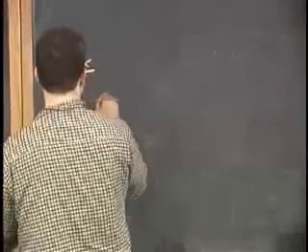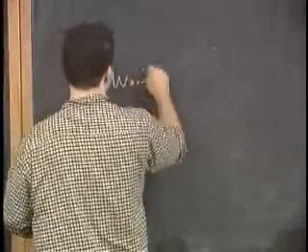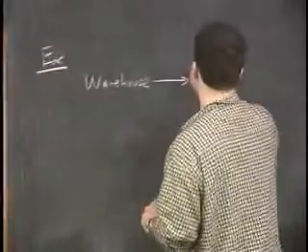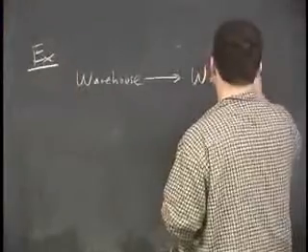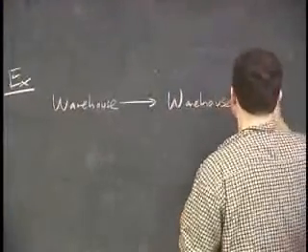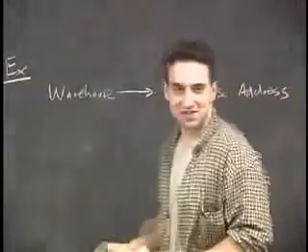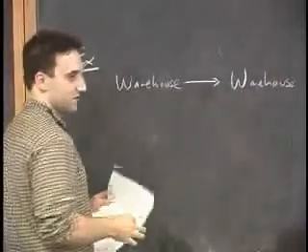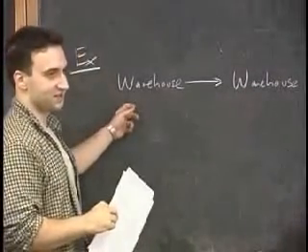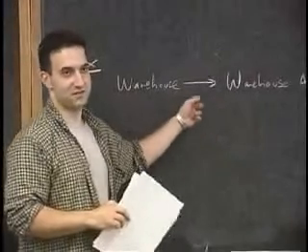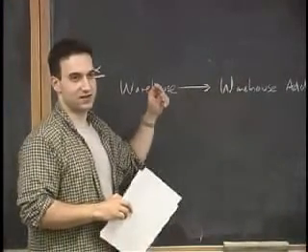So the example is, warehouse is functionally dependent on warehouse address. So what does that mean? That means if I have a row and I tell you what the warehouse is, there's a unique choice for the warehouse address. Did I say it backwards?